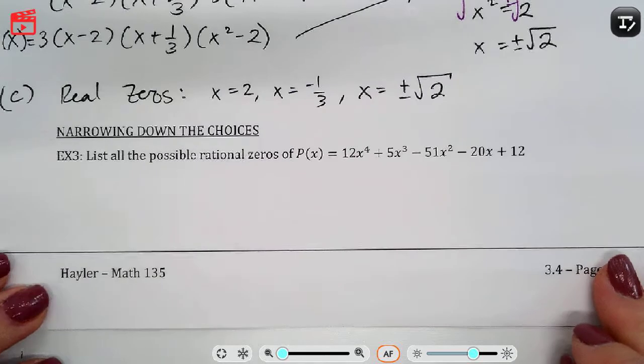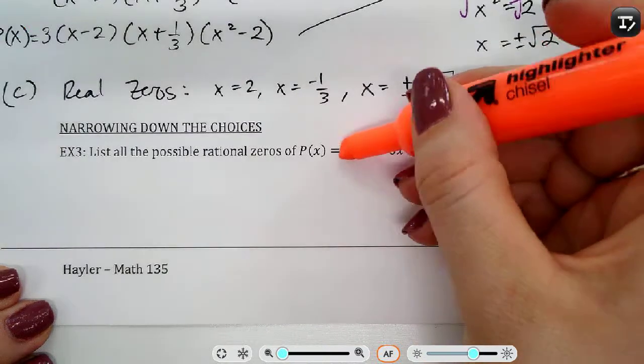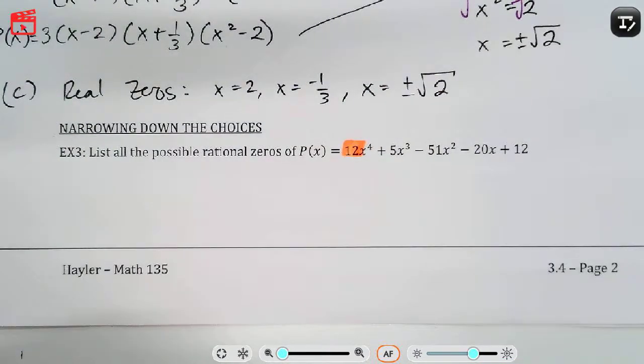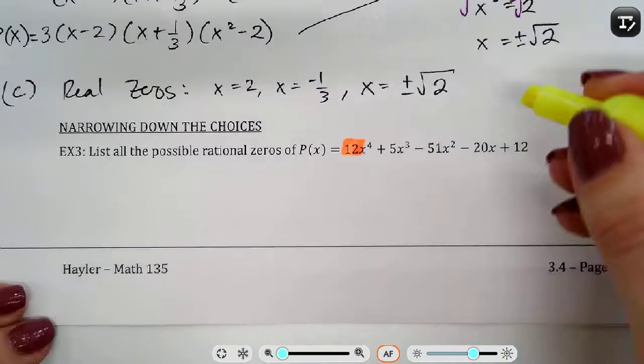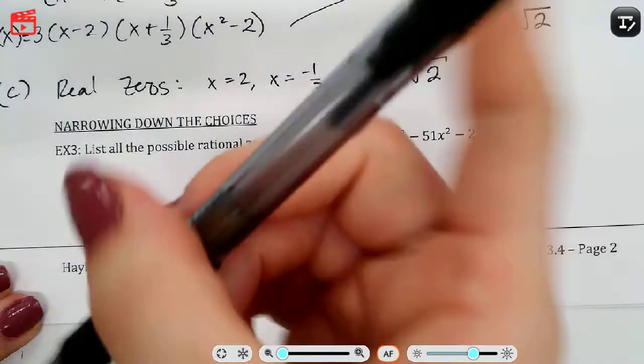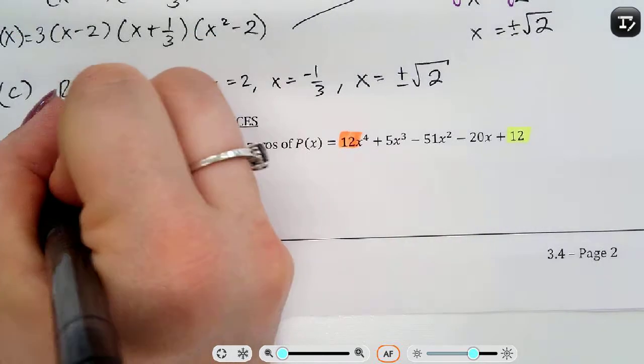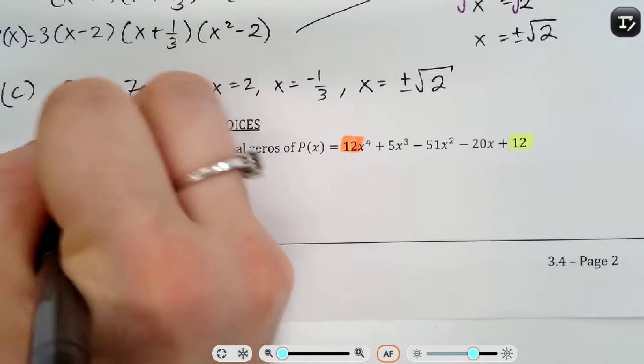So we're going to list the possible rational zeros of this polynomial. Here my L value is 12, my C value is also 12. Now those numbers are big. So C divided by L, that's factors of 12 divided by factors of 12.